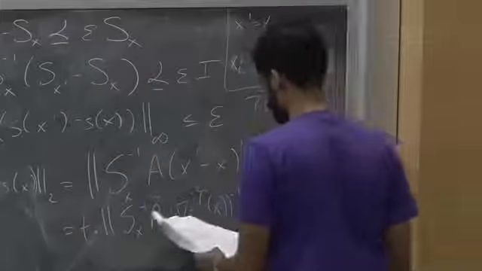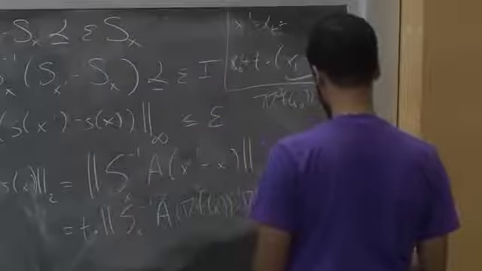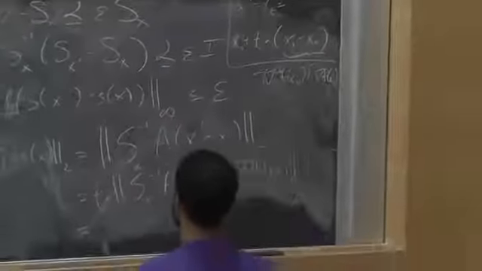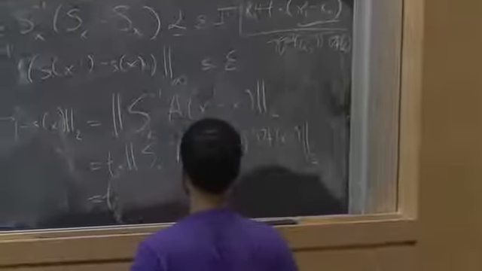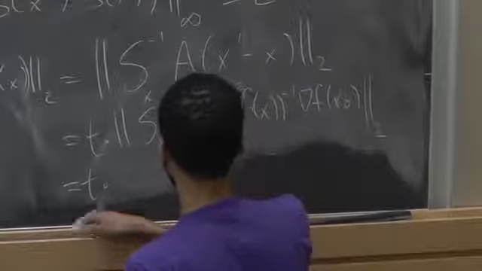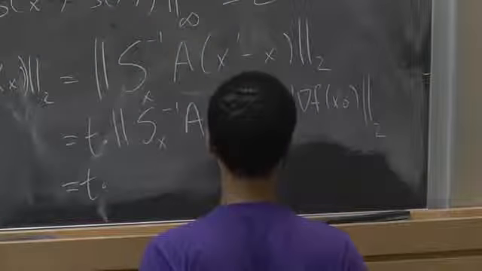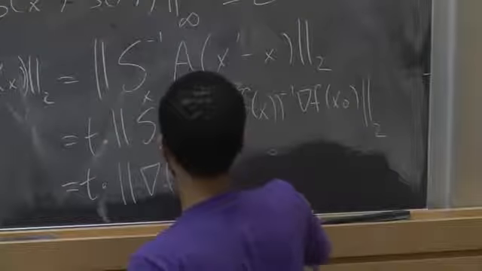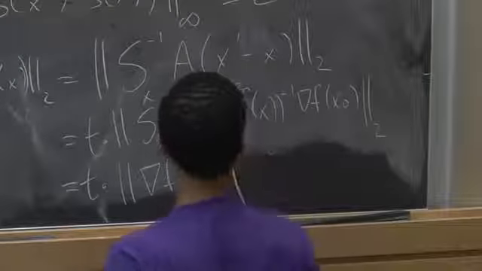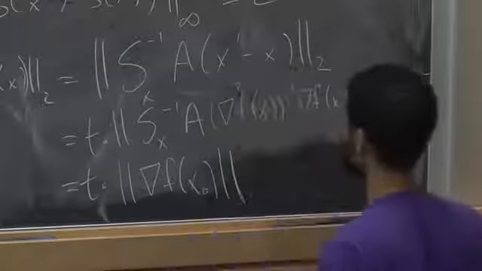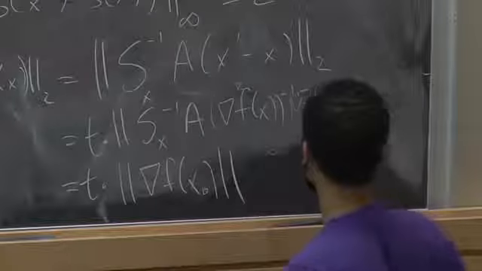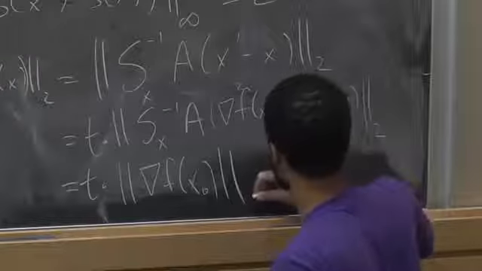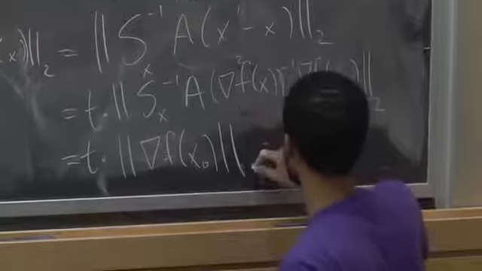And this is just equal to t times the gradient of f at x0, measured in the Hessian norm. Basically, this is going to be exactly the centrality at x0.